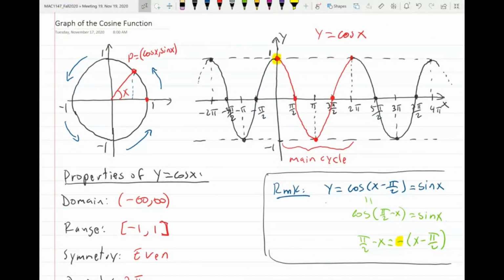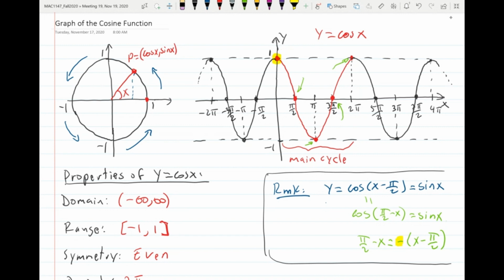So this cosine function, the main cycle has 5 key points, and they are exactly the ones that you see here, right? So the point at 0, 1, this one down here, the point at 3 pi over 2, and the point at 2 pi, 1. So those 5 points, they will always show up no matter what. It's just that they are going to be in different locations, okay?